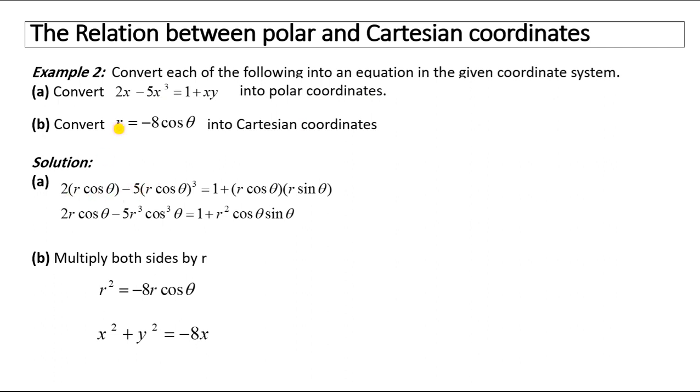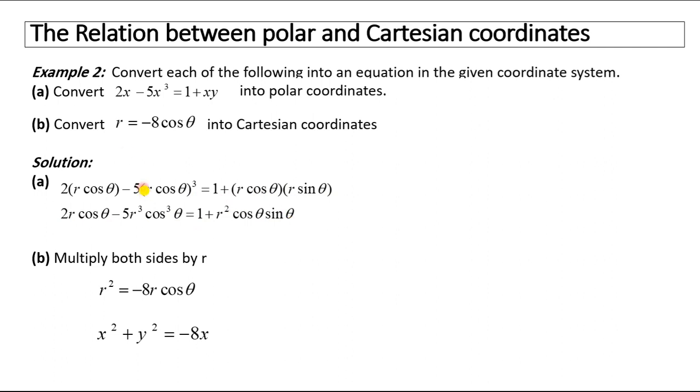I know x equal r cosine theta. 2 multiply by r cosine theta minus 5 r cosine theta to power 3 equal 1 plus r cosine theta multiply by r sine theta. The result 2r cosine theta minus 5r cube cosine cube theta equal 1 plus r square cosine theta sine theta.